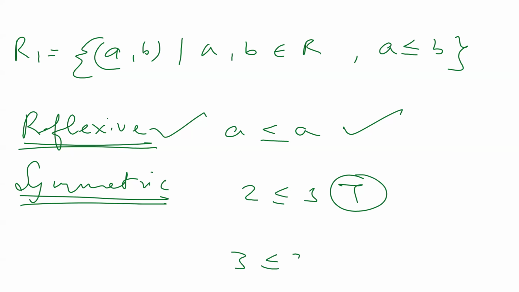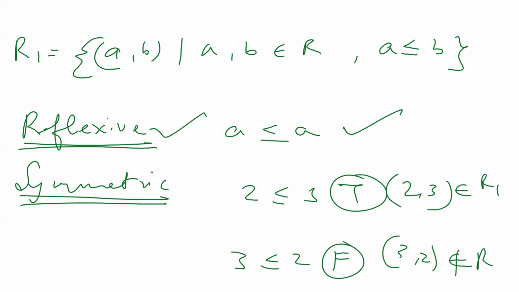Is 3 less than or equal to 2 true? False. So (2,3) belongs to R1, but (3,2) does not belong to R1. So this is not symmetric.